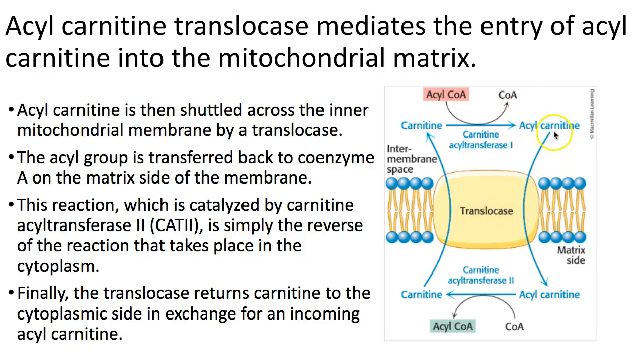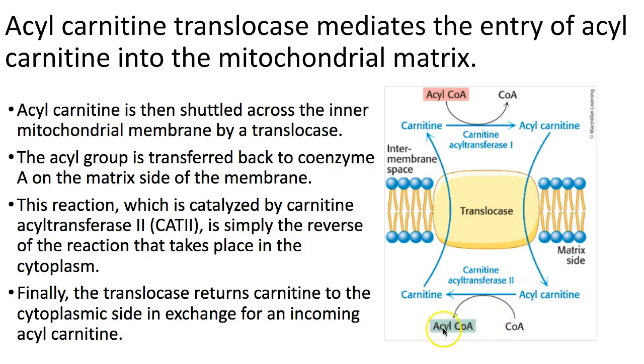Now you have this acylcarnitine, where the carnitine and the fatty acids are bound together, gets transported into the mitochondria, and now for part two, the carnitine acyltransferase 2 does the opposite, where it produces carnitine that is free now and binds the fatty acid back to a coenzyme A that is within the mitochondria.